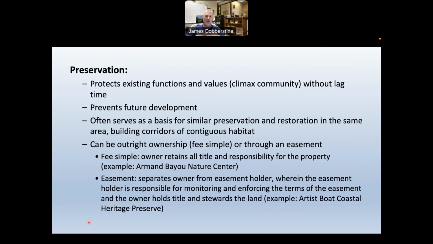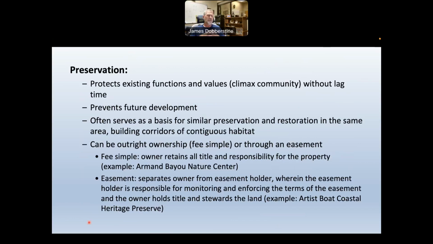And then they also have some enforcement and compliance mechanisms so that if for some reason the property owner is not maintaining it as stated in the easement, then the easement holder has the authority and funding to pursue that landowner in order to ensure that they're compliant with the easement, right?